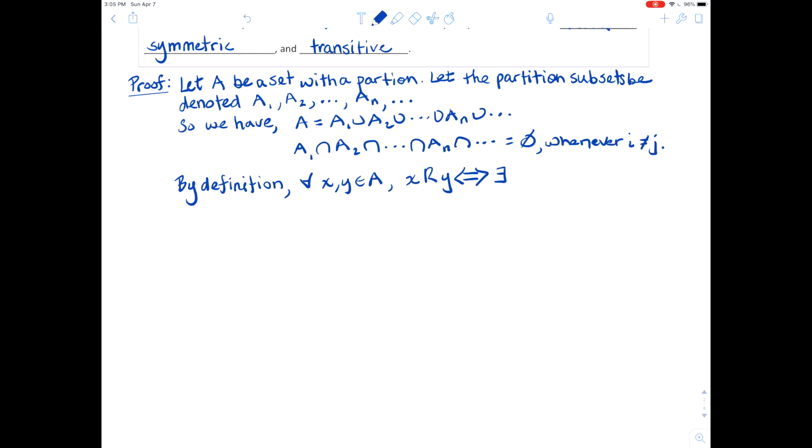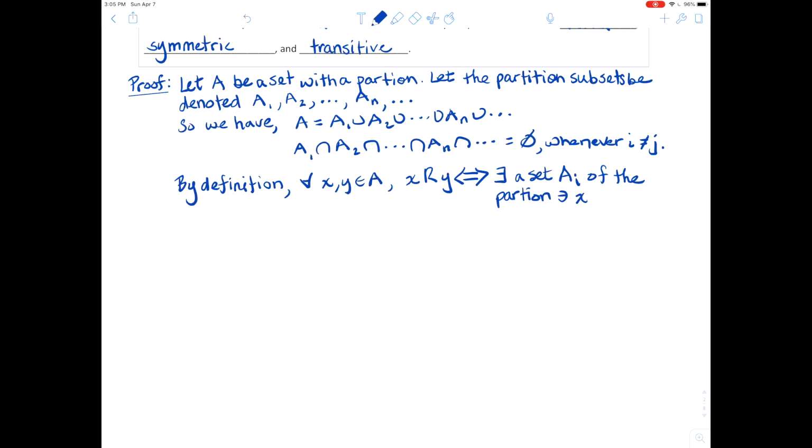There exists a set, call it AI, right, of the partition such that what?